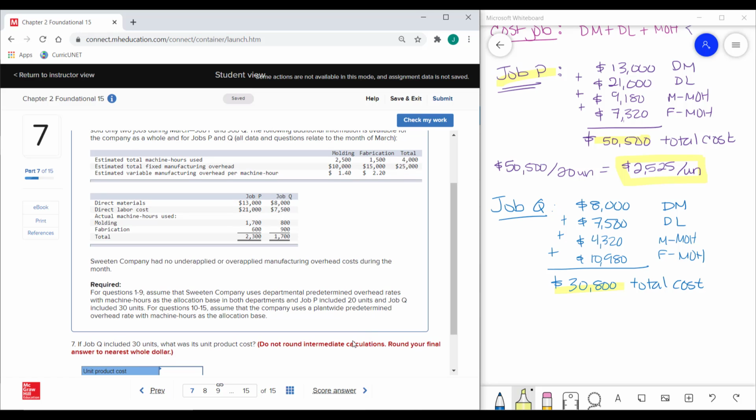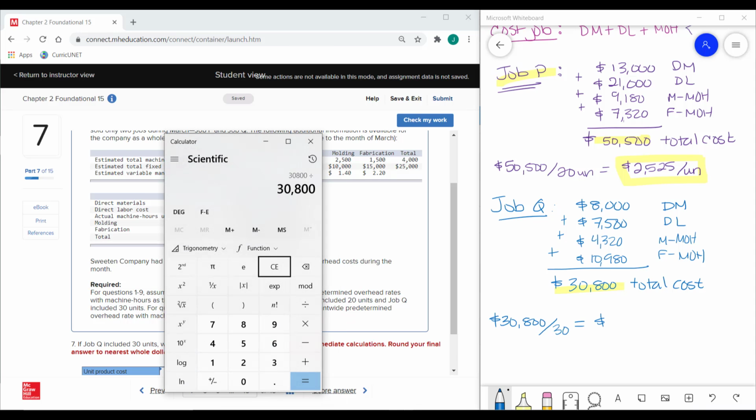Number 7 asks us, if job Q included 30 units, what is its unit product cost? So same thing we did before. If the entire job here cost us $30,800 to produce, and it consists of 30 homogeneous identical units, then what is the cost of each of those units? So we'll just take the $30,800 and divide that by the 30 units within the job.